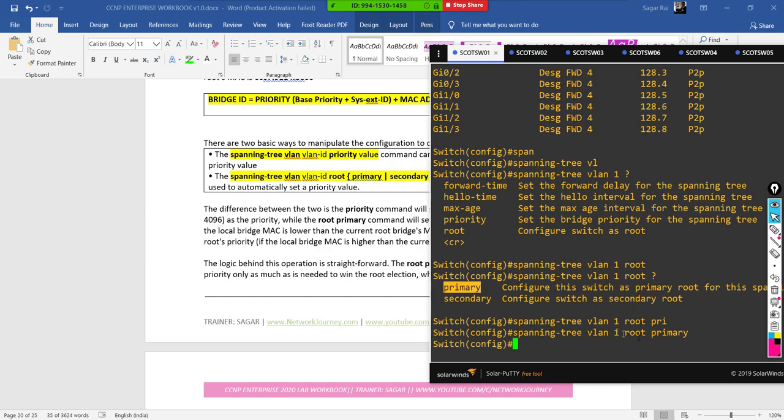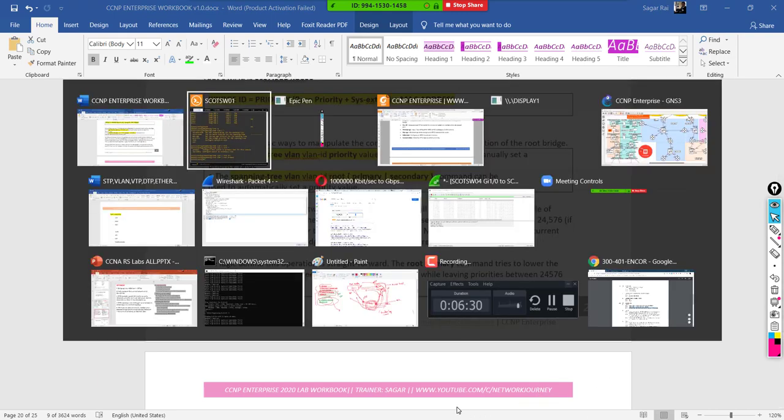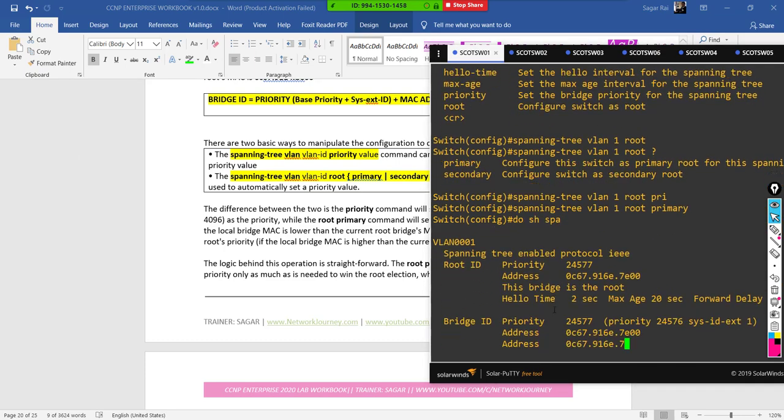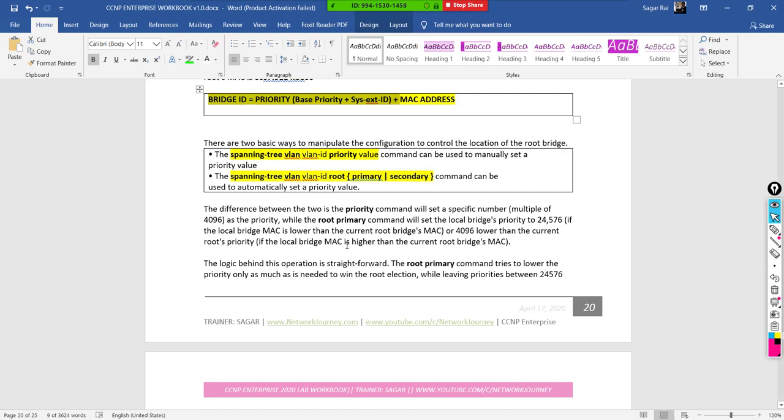When I set primary, I know it will change my default behavior. It will change the bridge ID. But on what number is the priority getting changed? So let's quickly check that. When I did that, it reduced by some extent, and that is also documented.